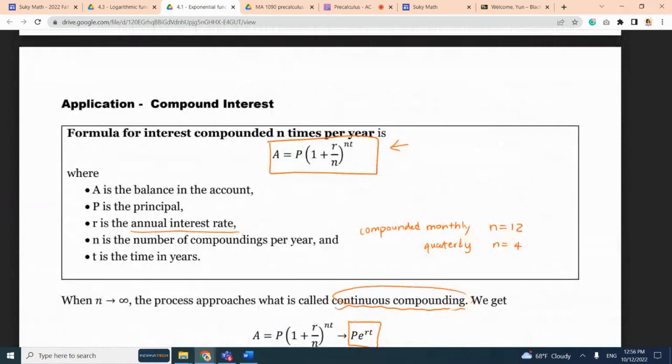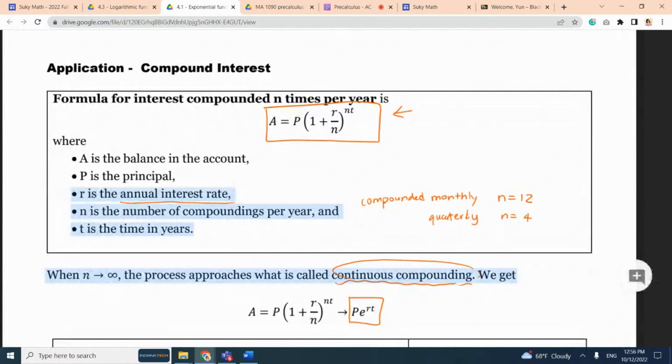And application, compound interest. Okay, do you have bank accounts? Yeah, so how do we calculate? Well, this is a formula for interest compounded n times per year.